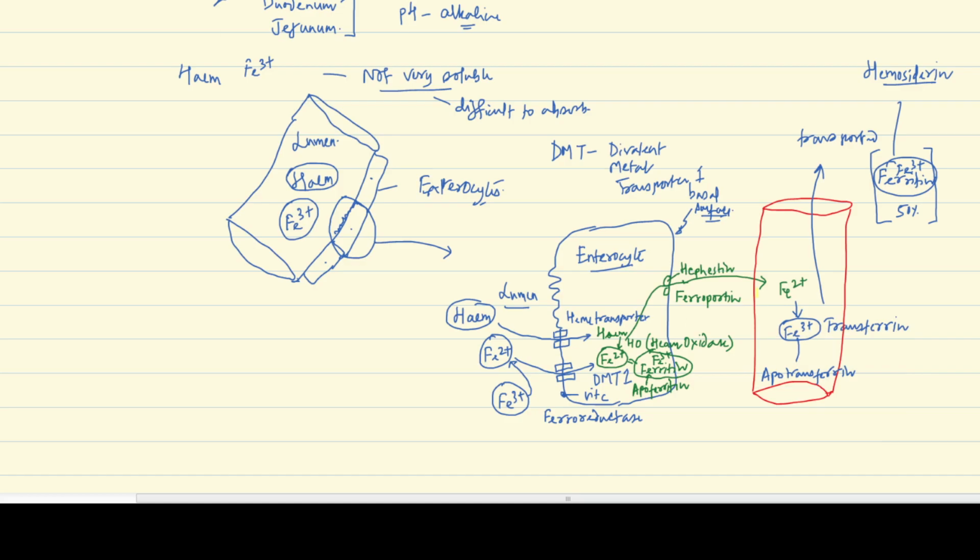We need to understand that the storage form of iron within the body is ferritin and hemosiderin, and it is transported in the blood as transferrin.